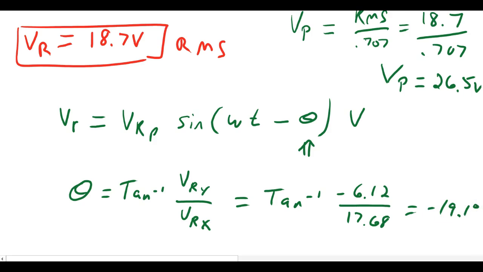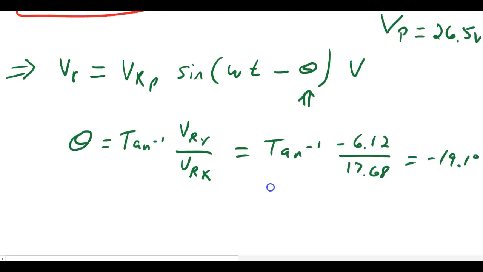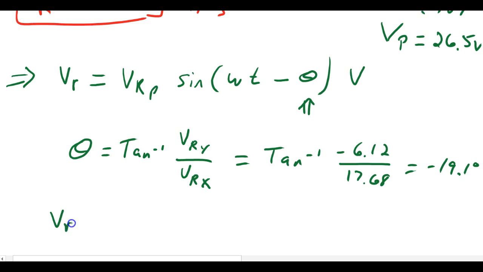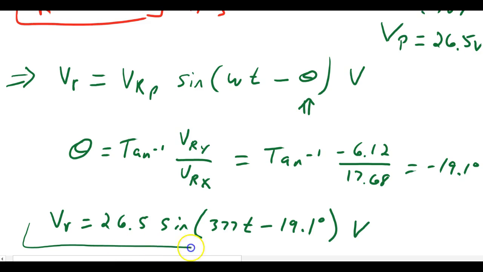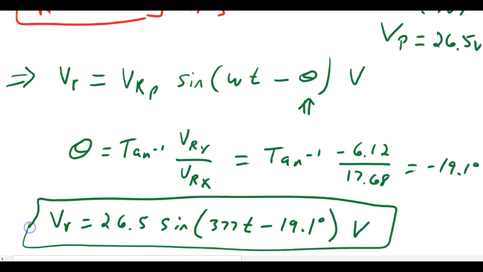Now typically it is acceptable to put degrees in the instantaneous equation right here, as long as you indicate that it's given in degrees. And so VR is equal to 26.5 times sine of omega t. Remember, omega in the original instantaneous equation was given as 377. So we have sine of 377t subtract 19.1 degrees volts, and this is the instantaneous equation that we were asked to produce.